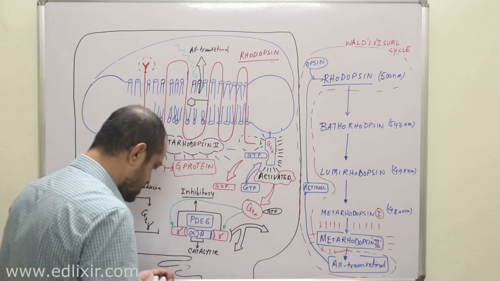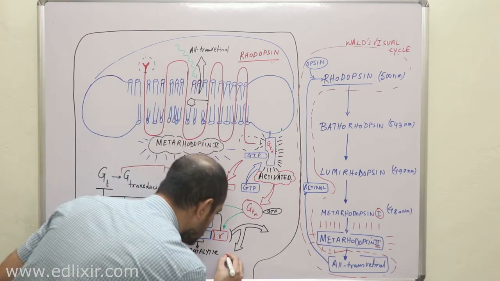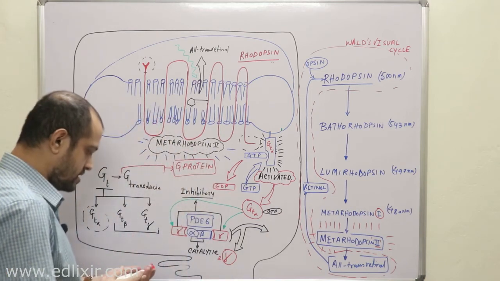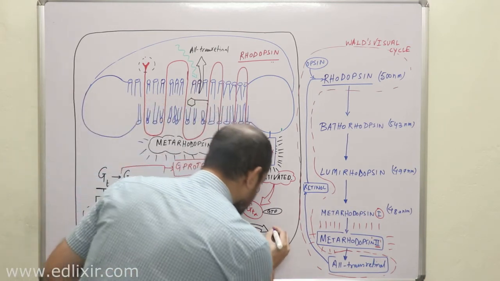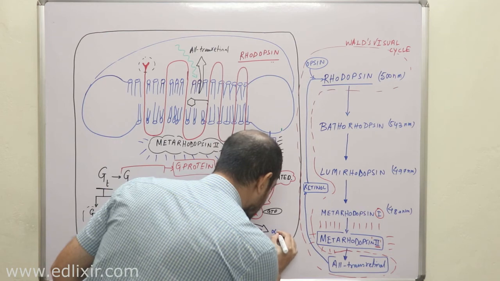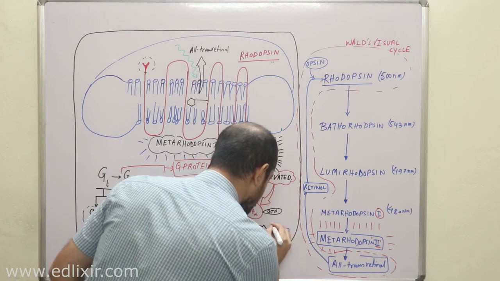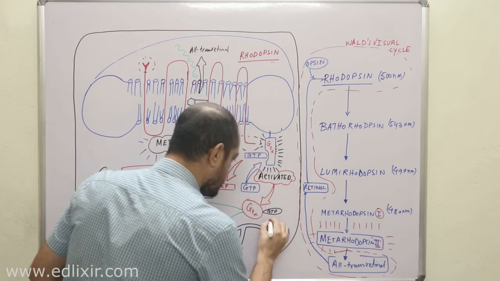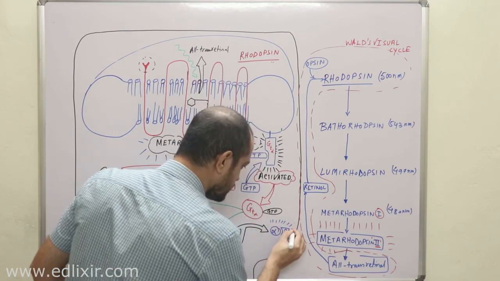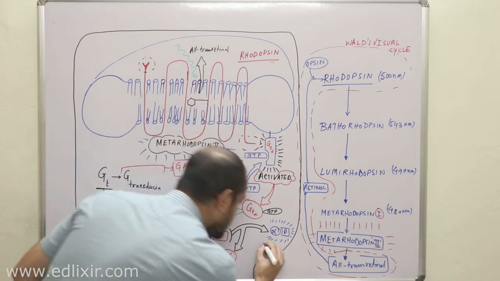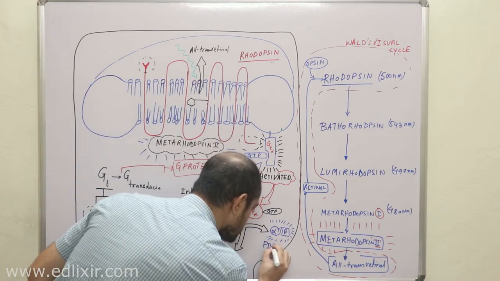The two gamma subunits are then removed. And the alpha and beta subunits are now activated. That means PDE6 activation has taken place.